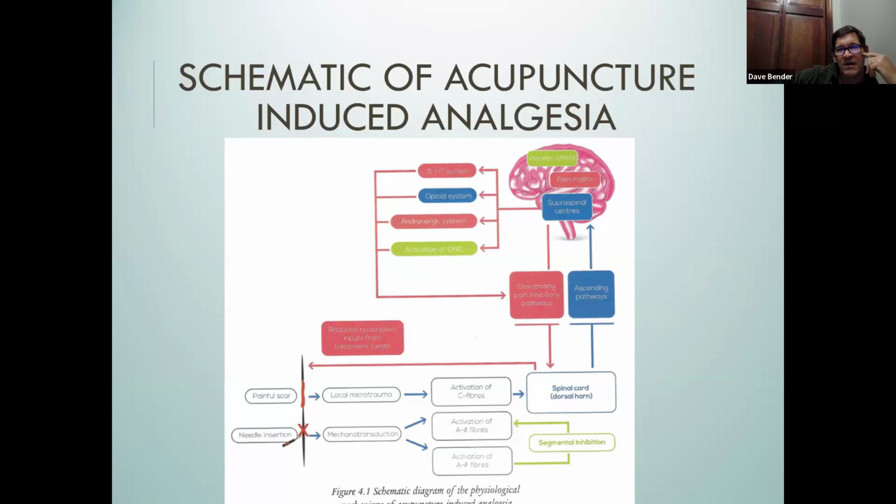And again, as you see in here, the upper pathways that they talk about are the 5-HT system, the opioid system, which is that endocrine system, that beta endorphin system we talked about, the adrenergic system, and activation of the descending neural inhibitory control system, which is basically this descending modulation.